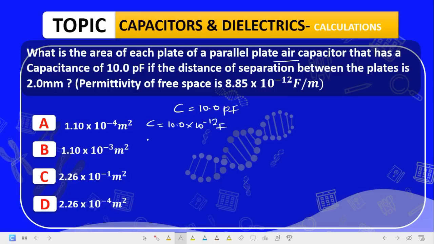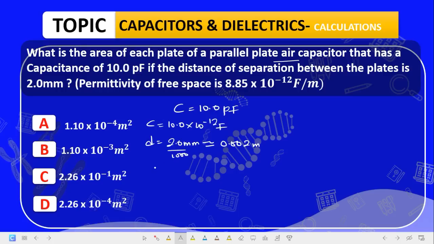If the distance of separation between the plates is 2 millimeter, it means our d is 2.0 millimeter, which to convert millimeter to meter, divide by 1000. This gives us 0.002 meter.